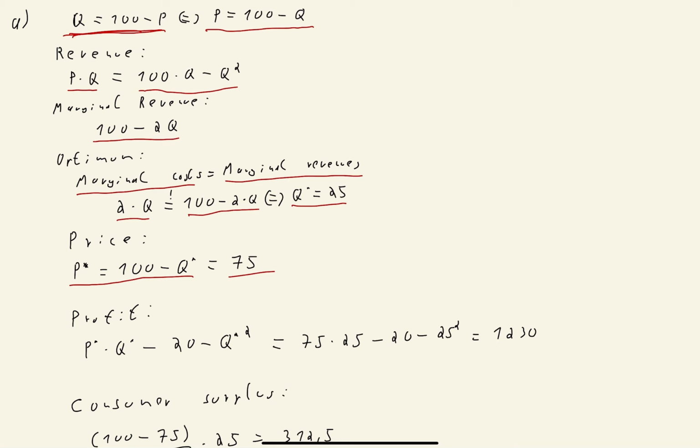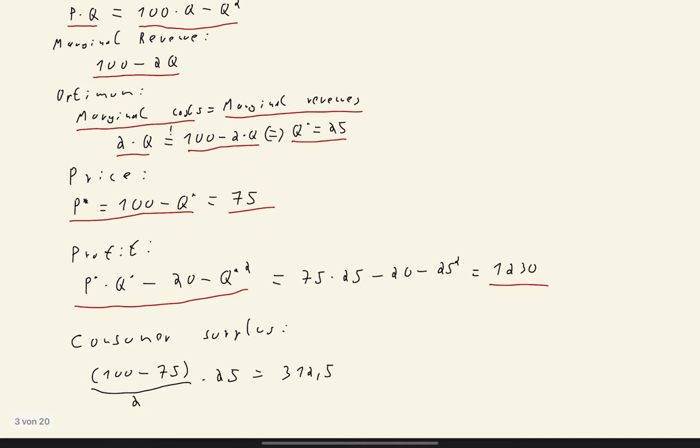Given the profit maximizing price and quantity, we can calculate the profit. We simply substitute the optimal values for all the variables in the profit function, and what you then get is 1,230. So this is the maximal profit that the monopolist can achieve in this market.